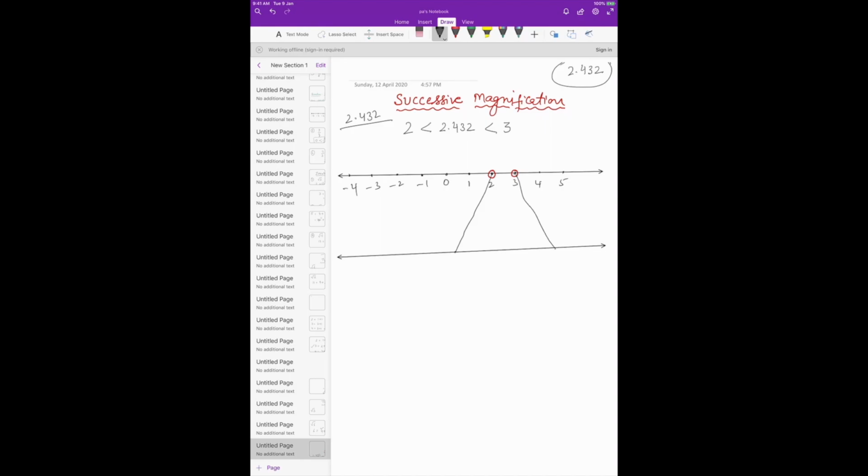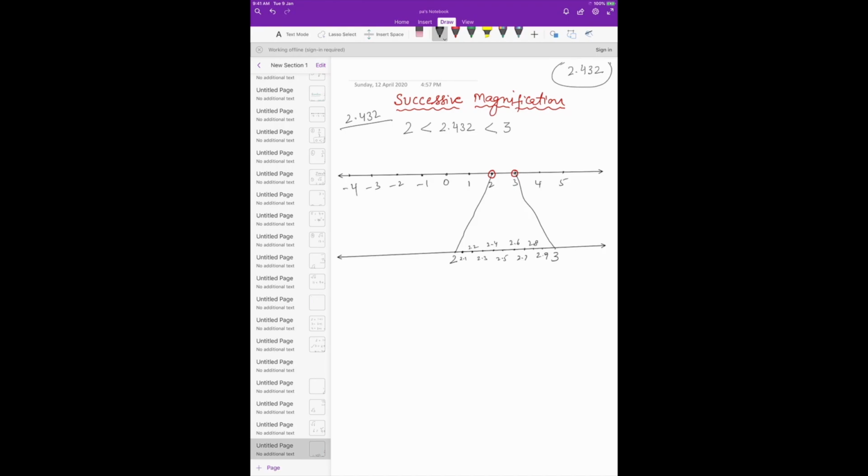Now if I write 2 and 3 here, then I can mark 9 dots in between them. So they will represent 2.1, 2.2, 2.3, 2.4, 2.5, 2.6, 2.7, 2.8 and then 2.9.